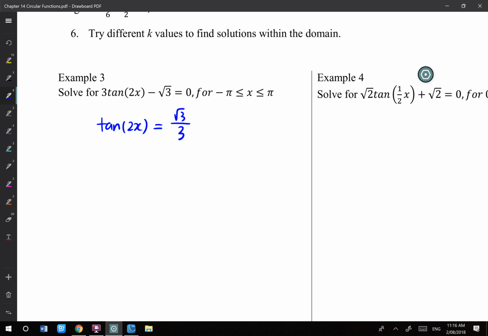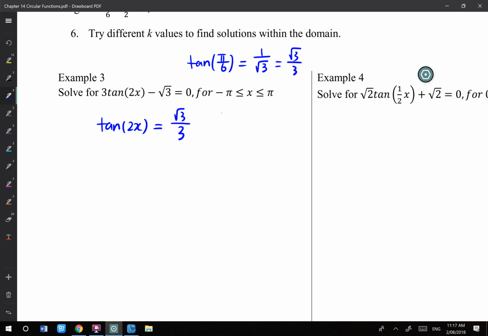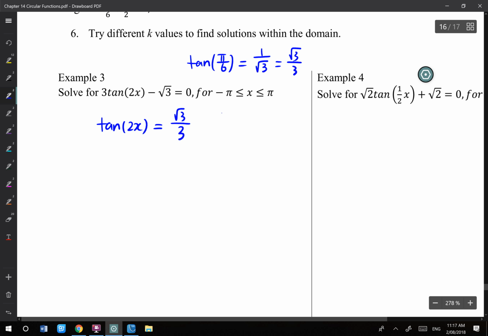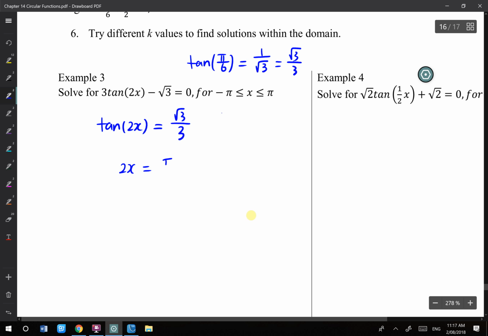Okay, tangent pi on 6 gives you 1/√3. That's √3/3. So pi on 6 will give you that. So I just need one value. I don't need two values. So I already got the one I want. So 2x is just pi on 6. And then we solve for x. X is pi on 12.